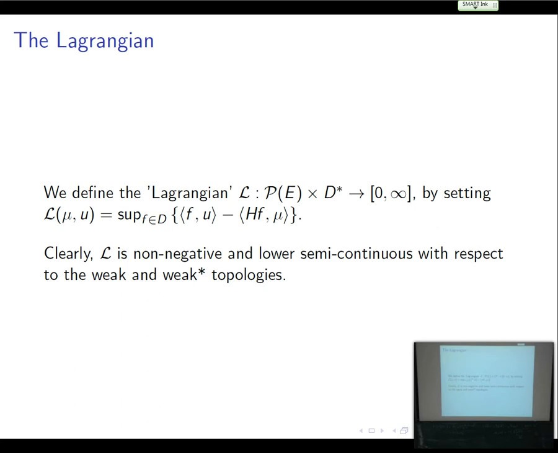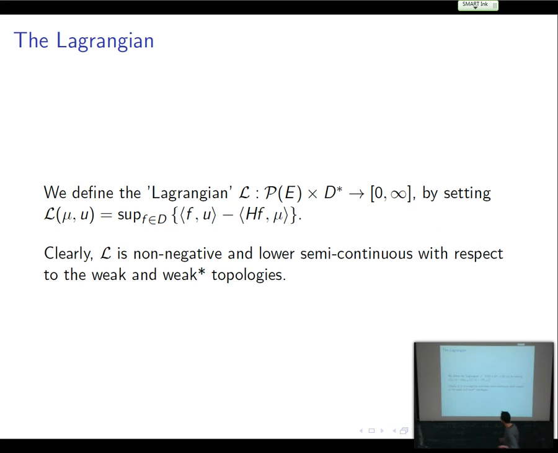So the Lagrangian becomes a function on the probability measures times D star, where the first index is to be interpreted as a position, and the second index is to be interpreted as a speed. And this is simply what you would expect. So I pair f with the speed u, and I subtract H f comma nu.